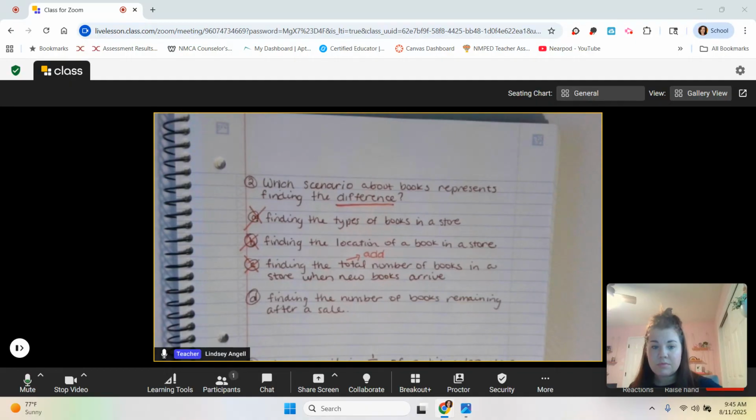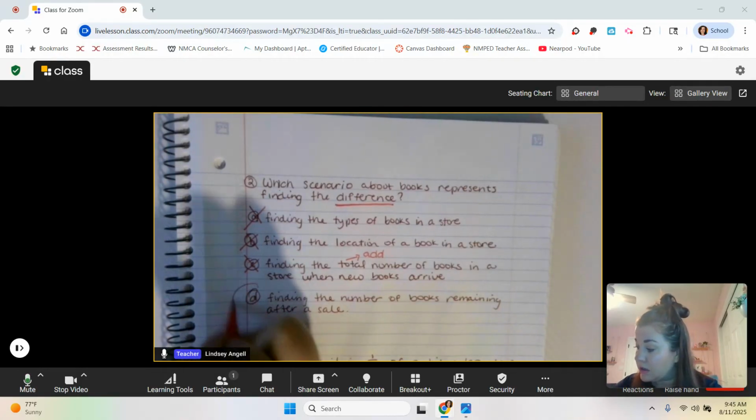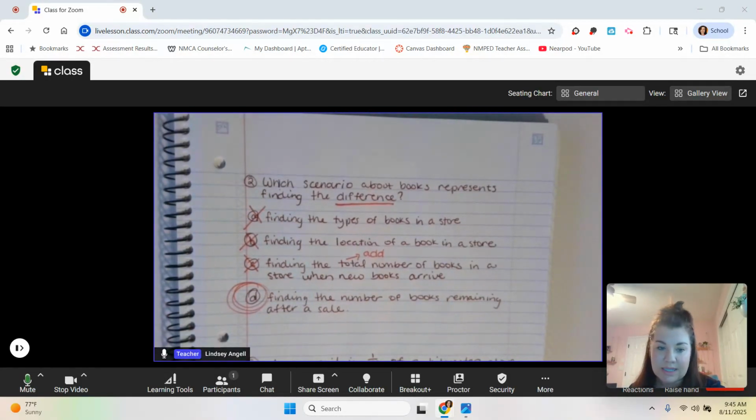Finding the number of books remaining after a sale. So maybe they started out with 100 books, and after the sale, they're left with 30. Well, 100 minus 30 is 70, right? That means they sold 70 books. There's our subtraction. So that one is going to be finding the difference.